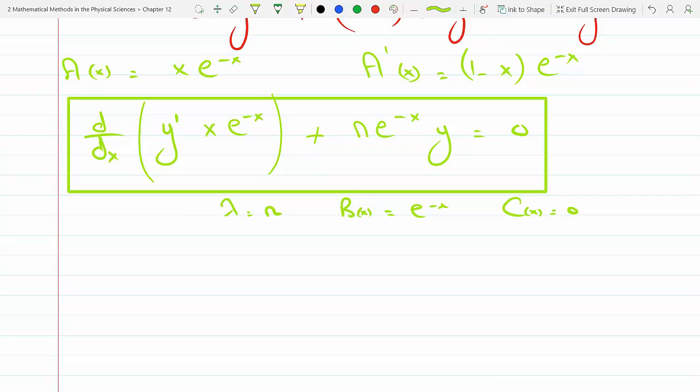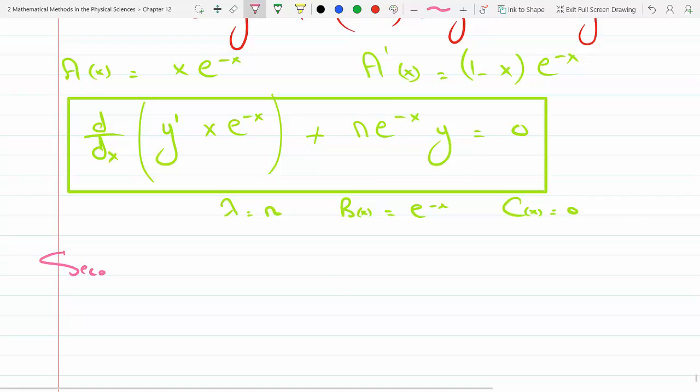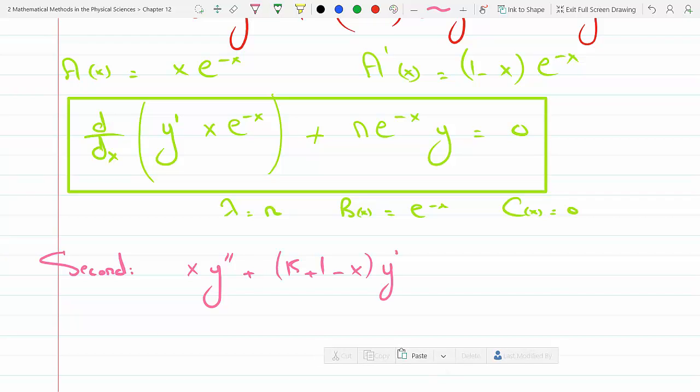Okay, now let's go to the second Laguerre equation. So the second Laguerre equation is, that's the second order, x y double prime plus k plus 1 minus x, y prime, plus n y equals 0.